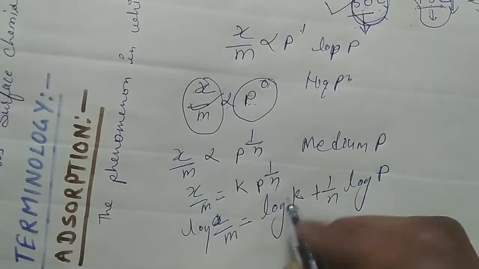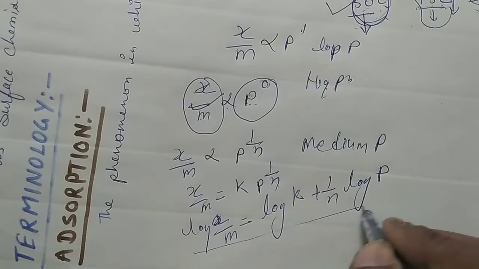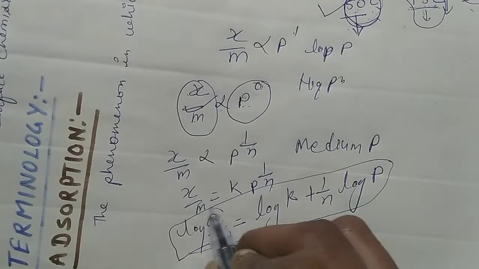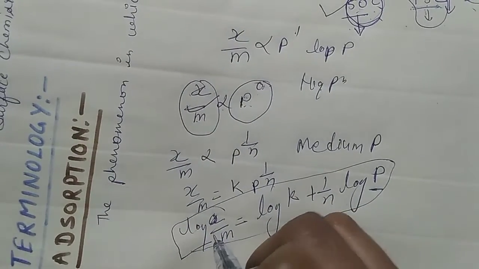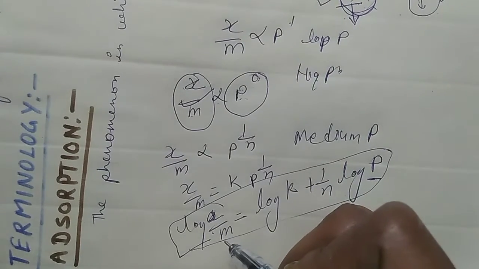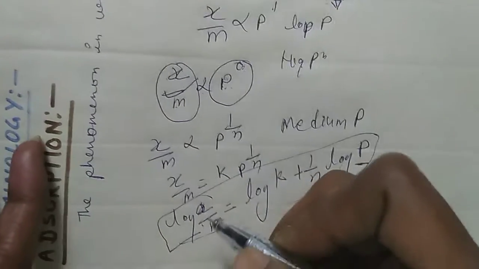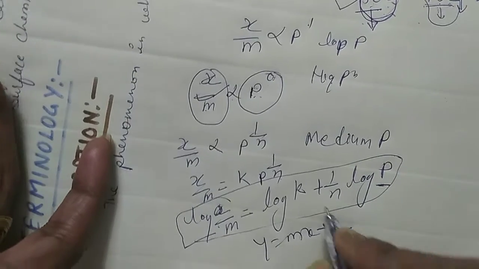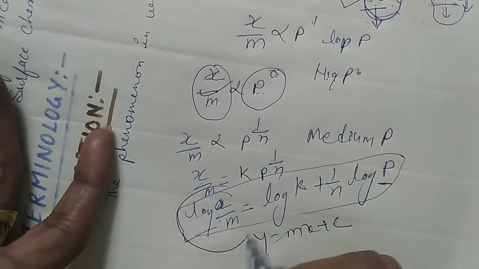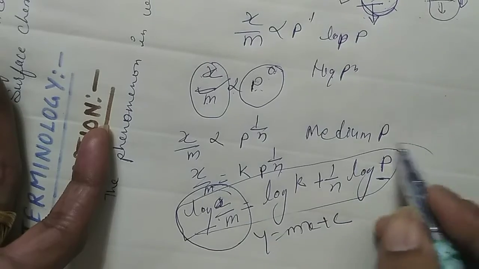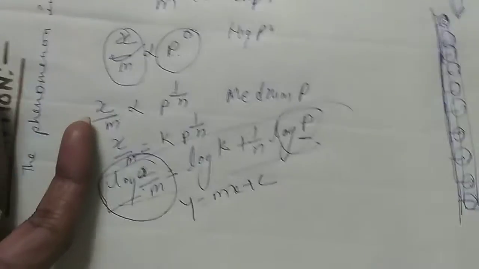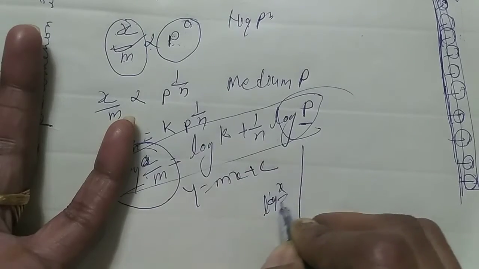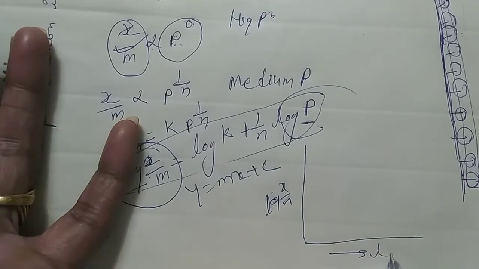This equation is known as the Freundlich isotherm equation, and it denotes the effect of pressure on x upon m and follows the straight line form y is equal to mx plus c. If we plot the graph between log x upon m and log p, we get a straight line like this. This is log x upon m and this is log p.